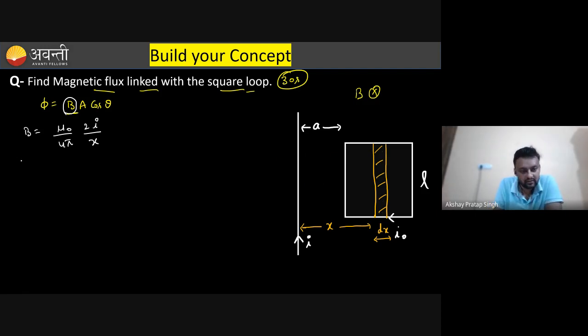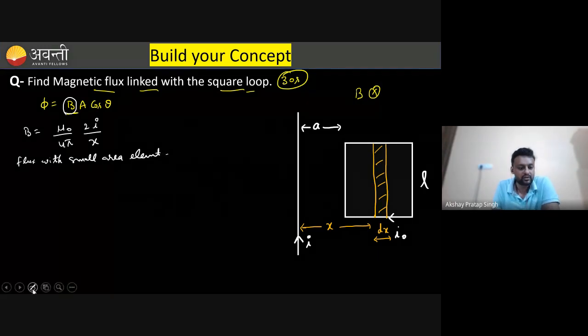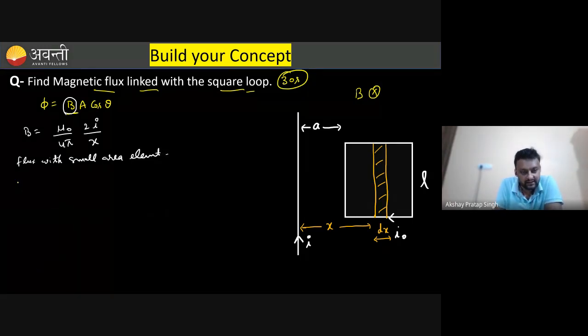Now, what is the flux with the small area element? You can easily write the small flux d phi is equal to B dot A. What is B? The magnetic field we have already written: mu naught over 4 pi, 2I by x.